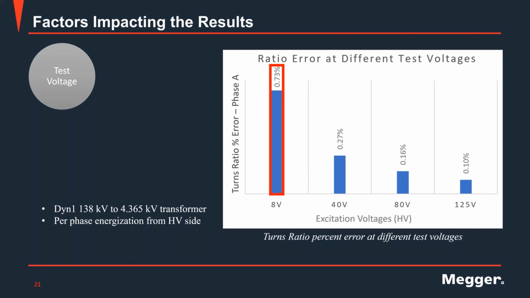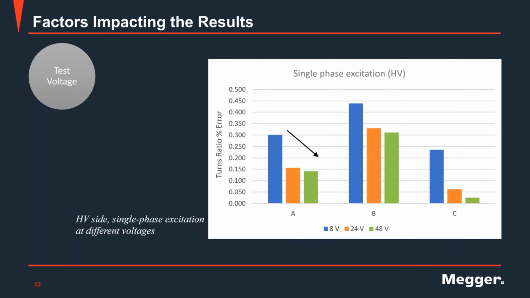Let's look at another example, right? In this case is also energizing the traditional way, right? Energizing the high voltage side of the transformer. Single phase excitation, that means we did the test one phase at a time. And on this graph, I'm actually showing the 3 phases. And you see the same behavior, right? In this case, we tested at 8 volts, 24 volts for the orange bar, and 48 volts for the green one.